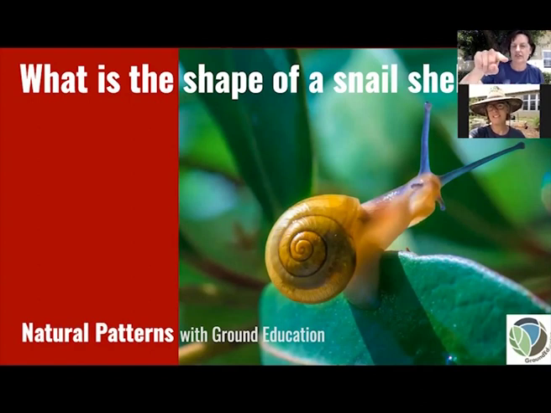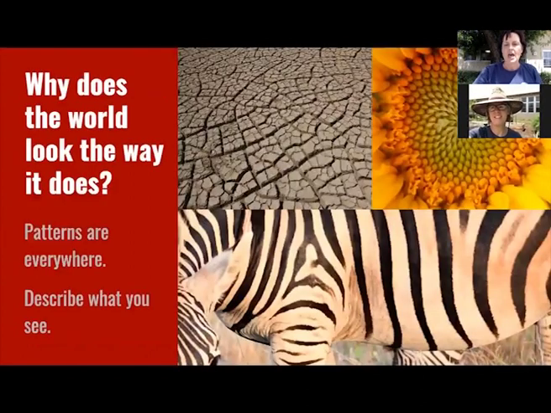Do you think you can trace it with your finger with me right now? It's a circle that gets wider and wider and wider as it goes. That's called a spiral shape, just one of the many shapes or patterns that we see in nature. Why does the world look this way?